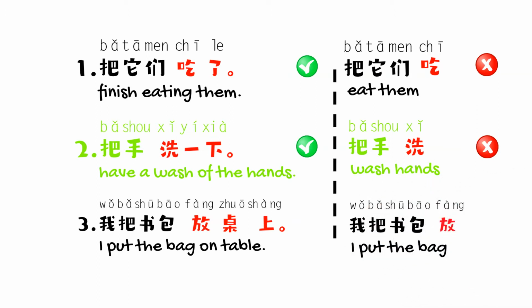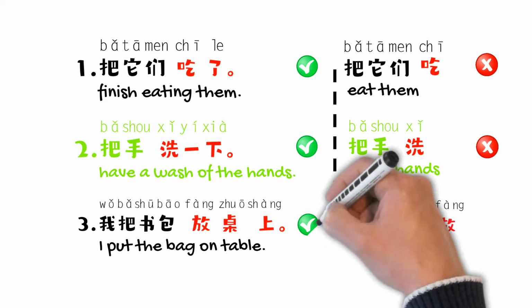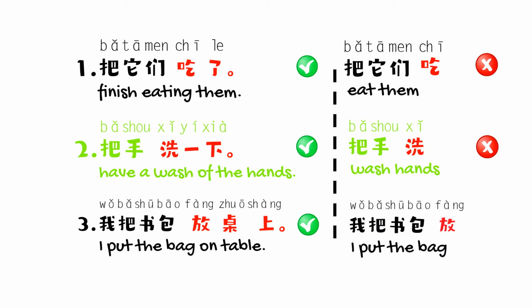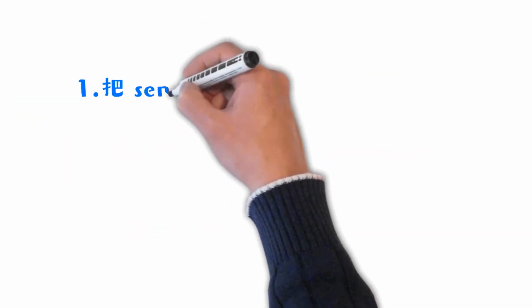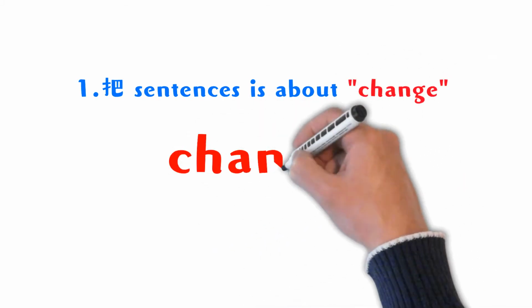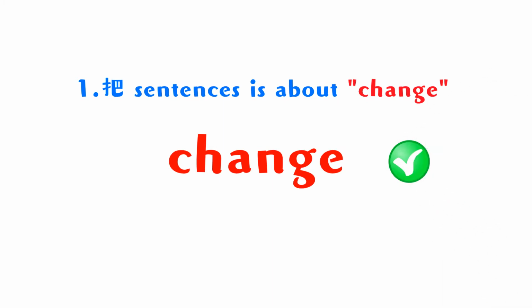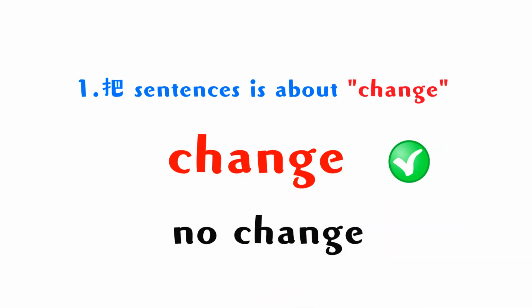The difference is that the first sentence indicates the new place for the bag to stay. In the second sentence we only have this action, put. So now we can have this conclusion. 把 sentence is always about some change. So when we have this change, we can use 把 sentence. When there's no change, we do not use 把 sentence.